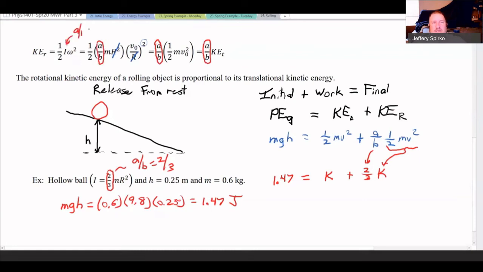That A over B stuck around through this entire thing. A over B is inside the moment of inertia. So then I can use this for K, because if I have 1K, this is 3/3 K plus 2/3 K, then that is going to be 5/3 K, and that is 1.47.